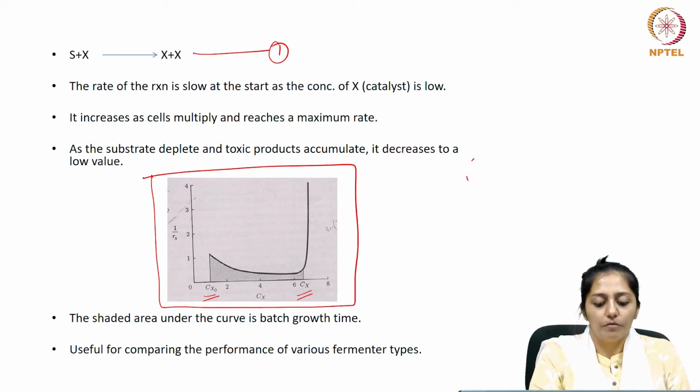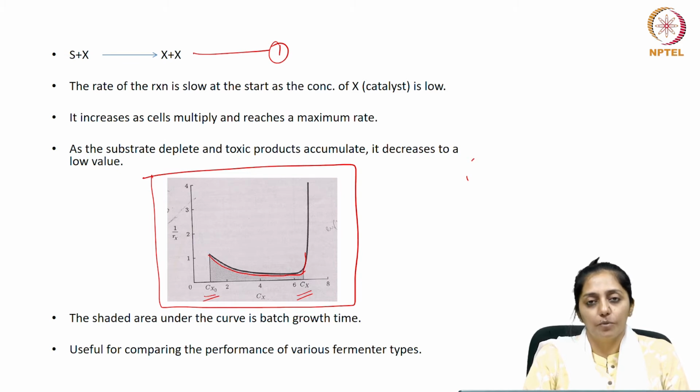So a plot of 1 by Rx versus Cx is shown. With growth, the biomass increases, the rate reaches its maximum, and then 1 by Rx suddenly goes to a very high value, which means the rate is nearly going to 0. As the substrate depletes, toxic products accumulate and decrease the value of Rx, and therefore the 1 by Rx value suddenly increases.